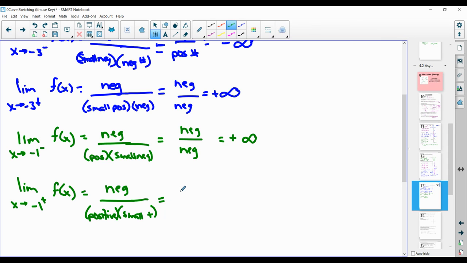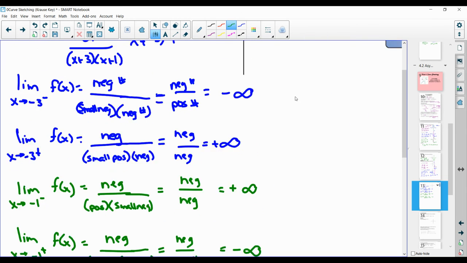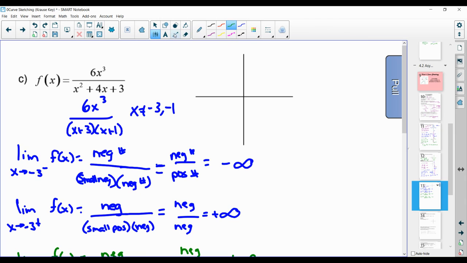So negative divided by a positive will give me a negative infinity. And so all of these have limits of plus or minus infinity. So that means I have vertical asymptotes, and those vertical asymptotes are going to happen at x equals negative 1 and x equals negative 3.